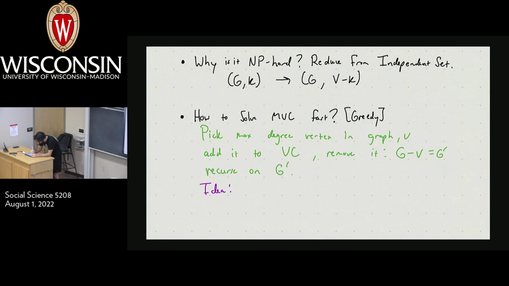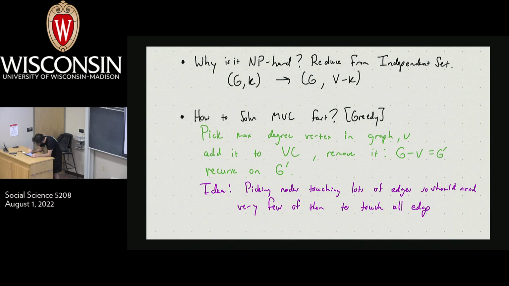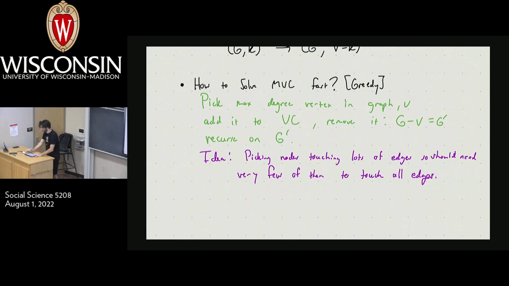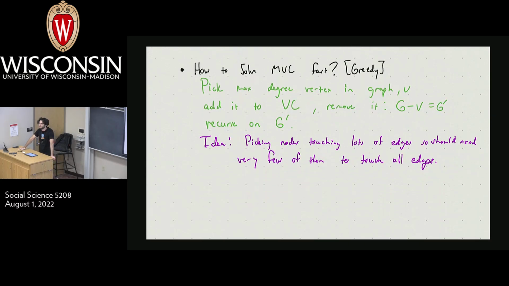So the idea is we're always picking nodes touching lots of edges, so we should need very few of them to touch all edges. Does everyone agree with this idea? Does anyone have a different greedy idea?